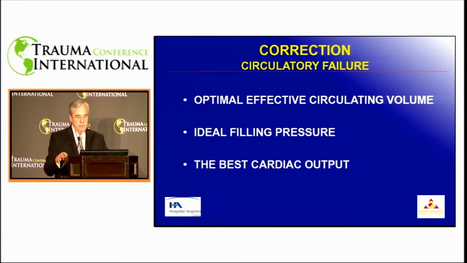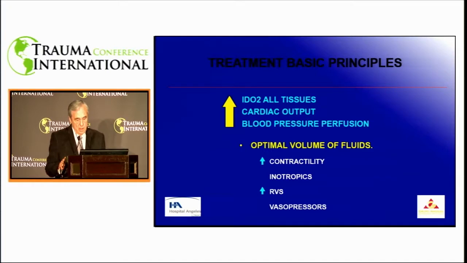But as I was saying, if you think that optimal effective circulating volume is that which allows us to have ideal flow to right and left arteries, veins that will allow us to have the best heart blood flow, the best blood pressure, the best perfusion, the best contribution or flow of oxygen to tissue, then I think that we could say that it is basically an indirect way of saying that the circulating volume that we achieve this way is the effective volume.